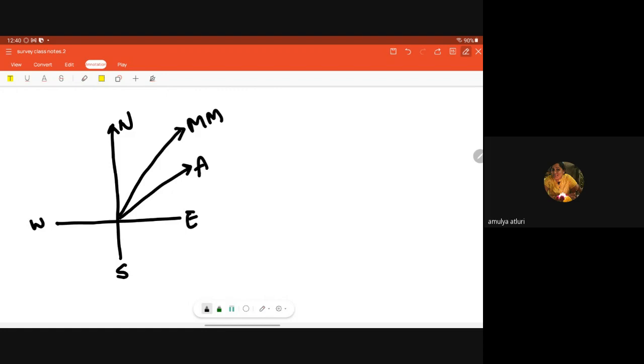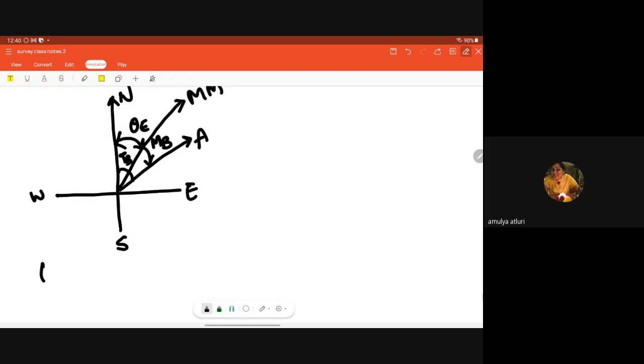What is your true bearing? The angle between the true north and your survey line, TB. What is your magnetic bearing? The angle between the magnetic meridian and the survey line, MB. This difference is your dip, the magnetic declination. So this is eastern declination.